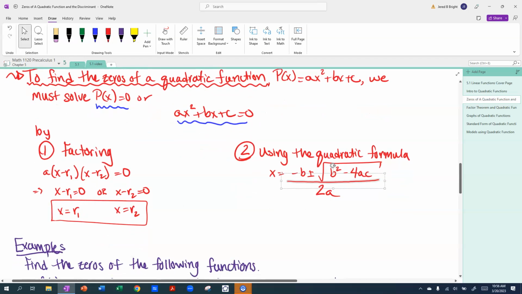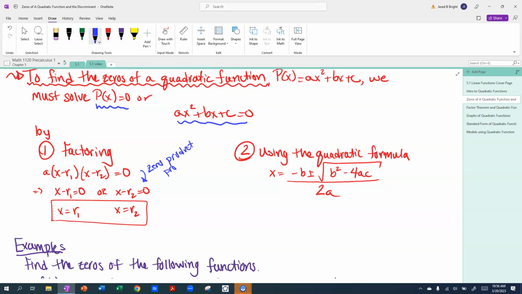Then we use the zero product property, which says that if a times b is equal to 0, then a is equal to 0 or b is equal to 0, and then just solve.